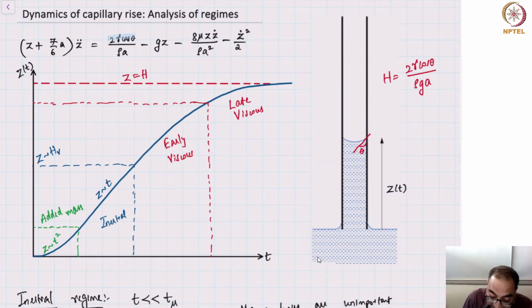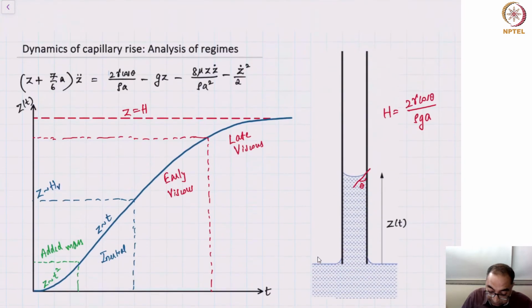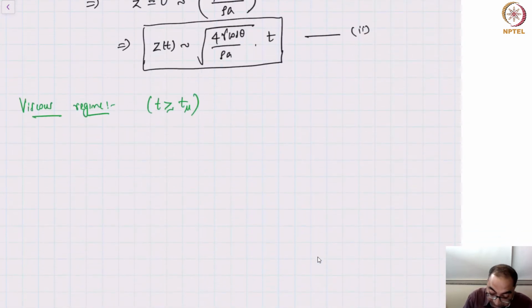So we expect surface tension, of course, to be important because that is the driving force. Now the column has risen to a certain height, so gravity may not be negligible. So we'll retain the gravity term. And then we also have the viscous term that has become important. Okay. So now let's look at these three terms and see how do I write down the equation of motion for this case.